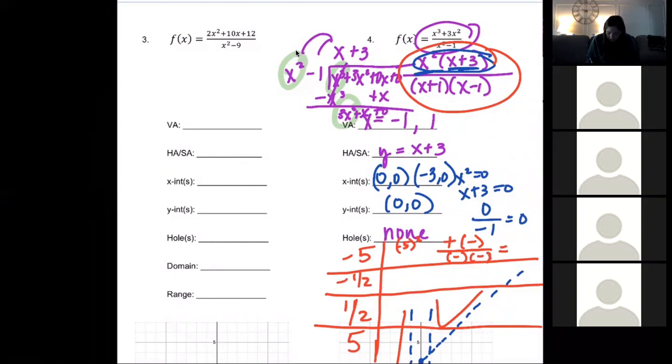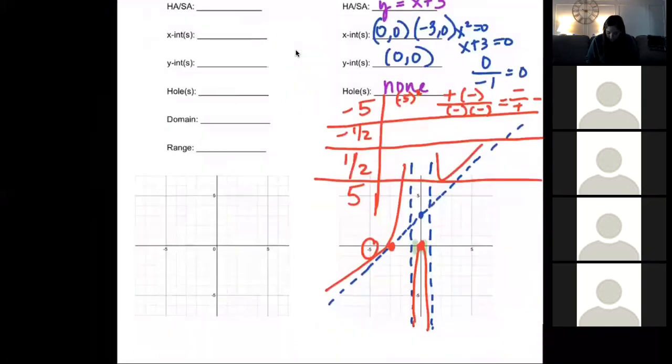So then I would have overall a negative on top and a positive on the bottom, which would give me overall a negative number. So if I were guessing, I guess I guessed wrong, because it would be down here. So negative.